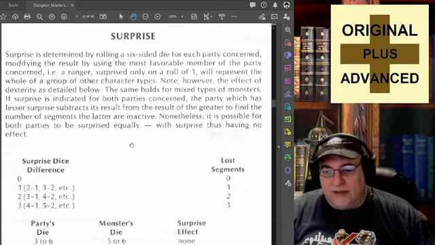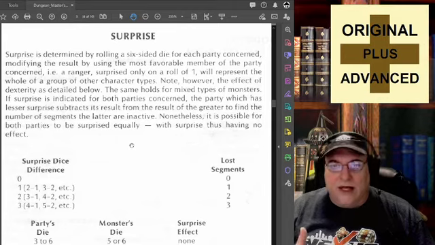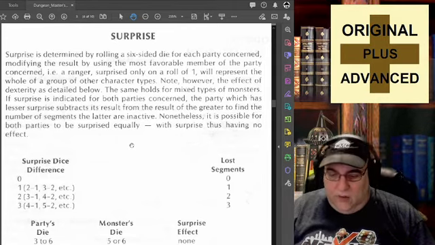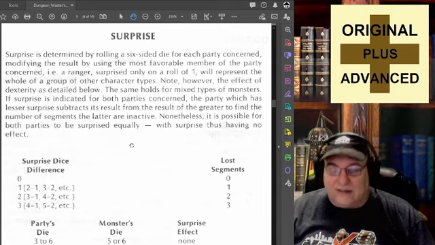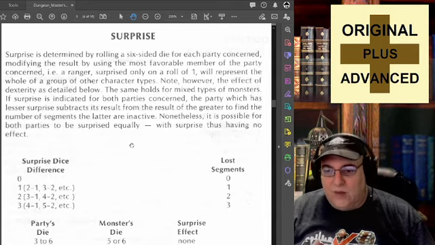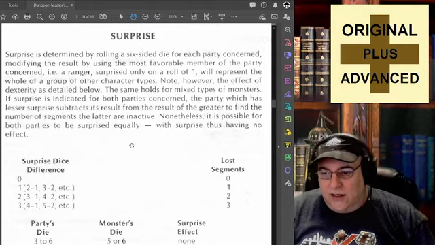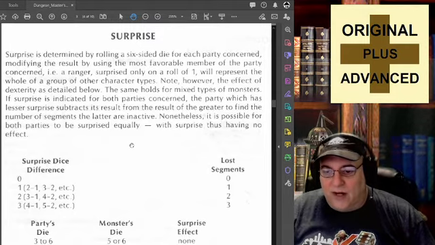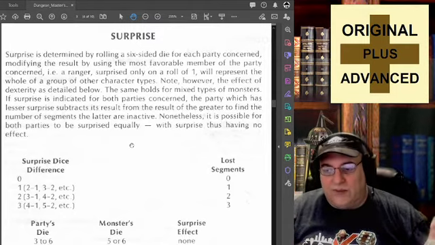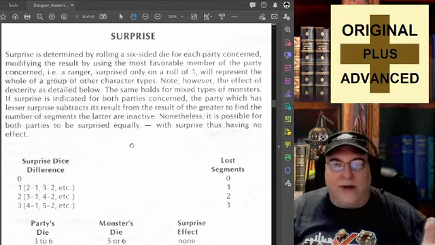Remember segments? The latter are inactive. Don't forget, turns are 10 minutes. 1 round is 1 minute, so 10 rounds in a minute. 1 segment is 6 seconds, so 10 segments in a round. Nonetheless, it is possible for both parties to be surprised equally, with surprise thus having no effect.